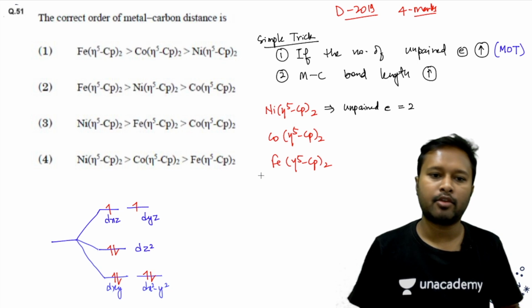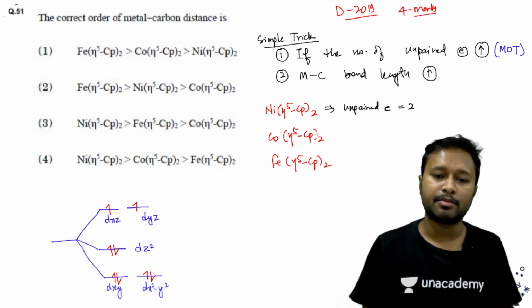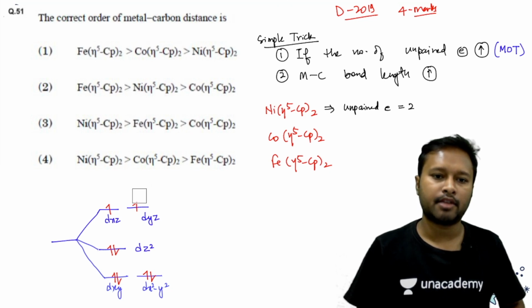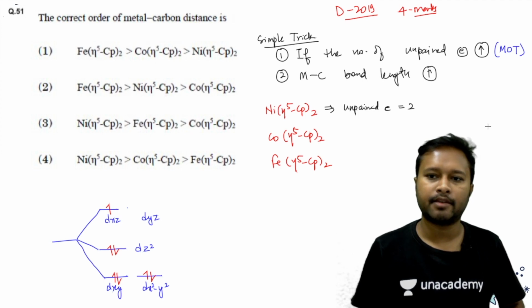In the case of cobalt, this is going to be a d7 species. Cobalt in the zero oxidation state is a d7 species, because we are just filling electrons in the d orbital. So basically one of the unpaired electrons will be removed. You will have one less unpaired electron here. So this is how it will be filled: 1 2 3 4 5 6 and 7.